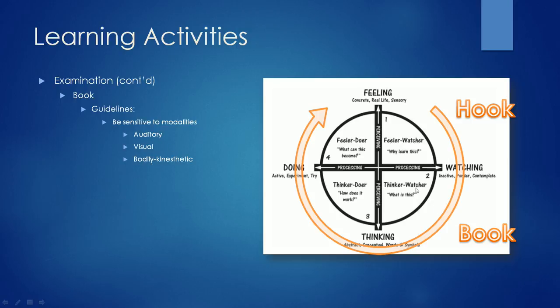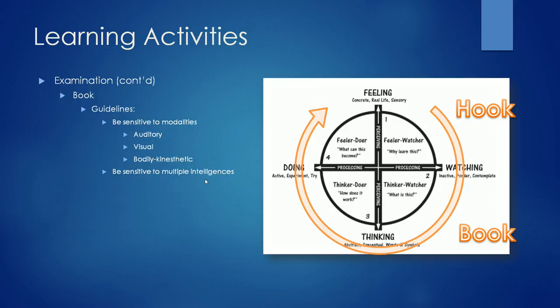Although lecture is a great way for these thinkers to learn, maybe you should support it with visual and listening. So maybe it's a visual lecture where they can see the person, like a TED Talk would be perfect. Is there a way for them to move around and be bodily moving but also learning the material? There are ways of doing that.